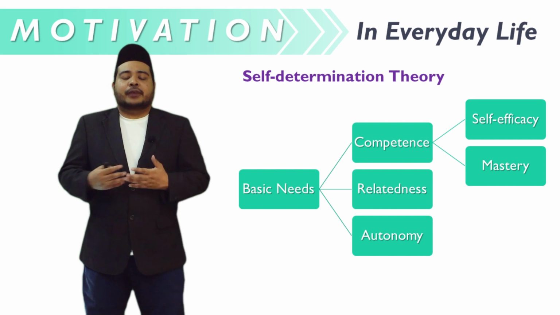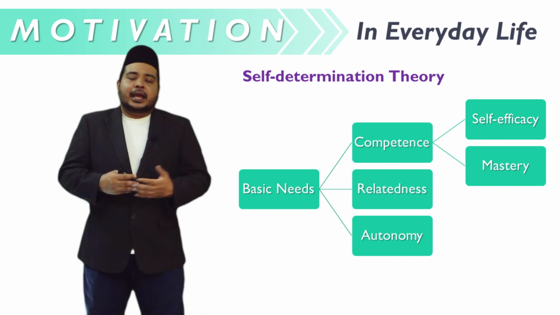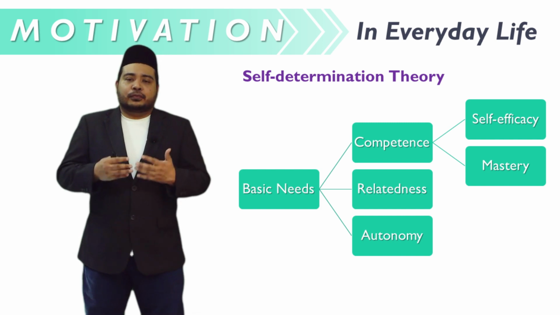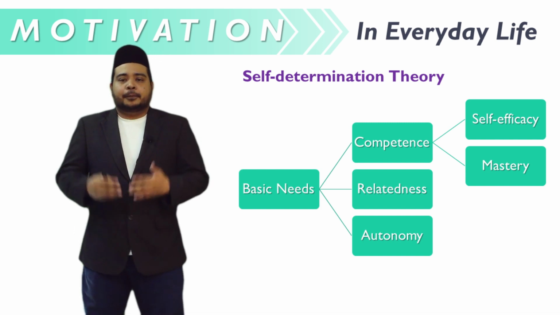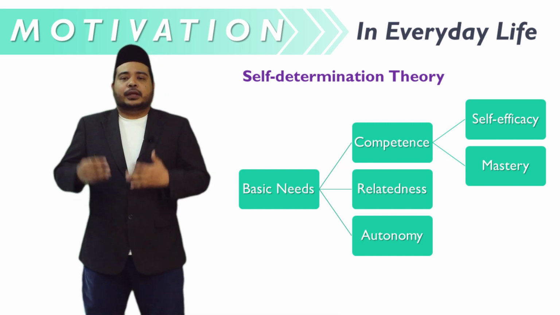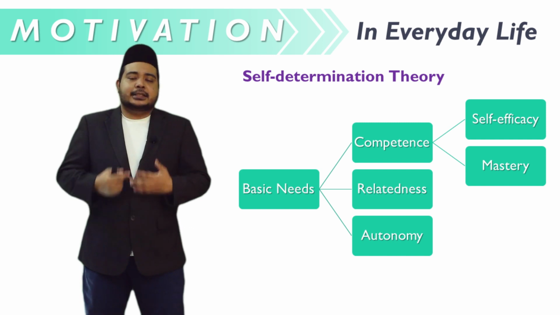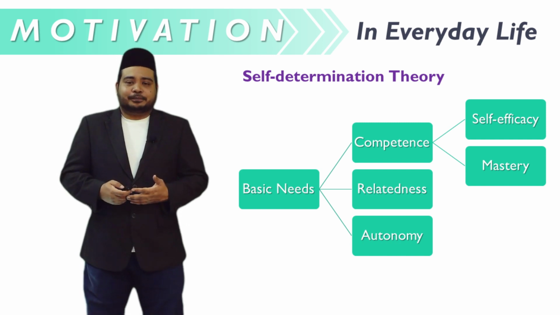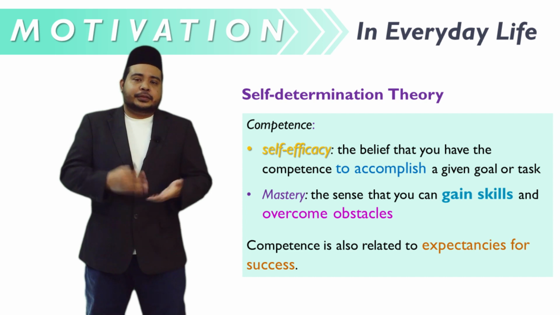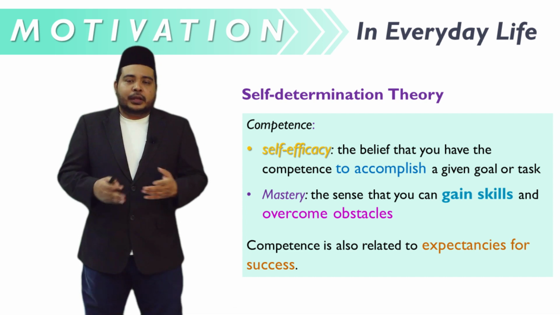All of us have the capacity, the talents, the potential for growth and fulfillment. But the condition is that we must fulfill our basic needs: competence, relatedness, and autonomy. Like I mentioned, everyone has these 3 basic needs.